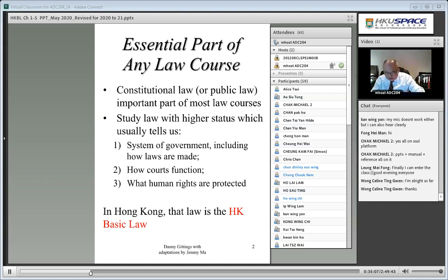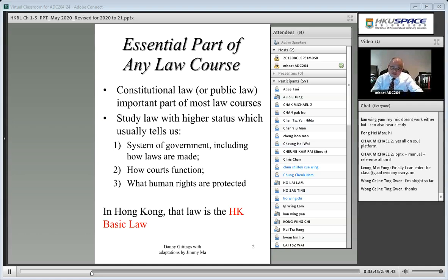These other laws, we generally call them ordinances, 條例, or subsidiary legislation made in accordance with these ordinances, made under delegated authority, empowered by these ordinances. And yet the Basic Law enjoys a status higher than these other laws.